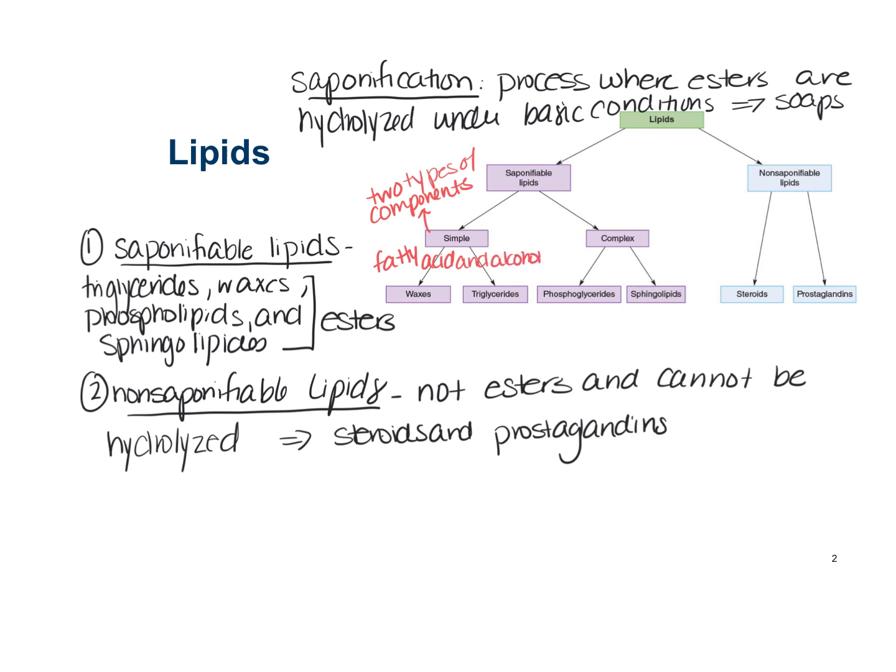Then complex lipids, which are over here, right, consist of more than two types of components. And so in general, they tend to be a fatty acid, an alcohol, and something else. All right, so a fatty acid, an alcohol, and something else.